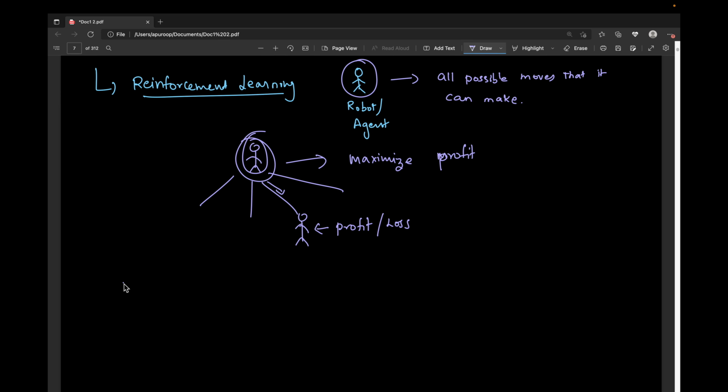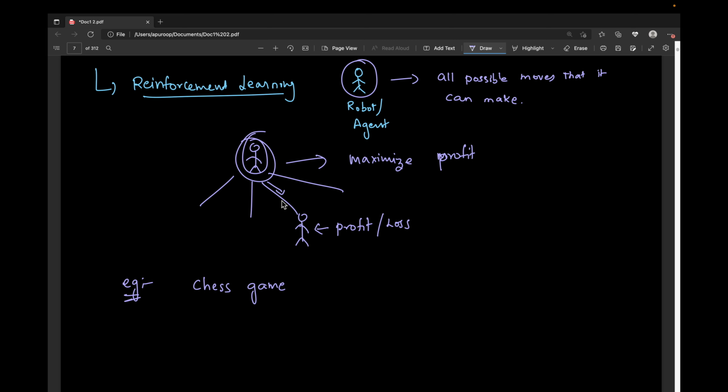So let's take some examples. If you're seeing some reinforcement learning algorithms, let's say a chess game. Let's say we are playing chess with some AI. Initially, we'll just tell the AI or robot that these are all the possible moves you can make. Then the robot will make some silly moves initially, and then it will lose the game.